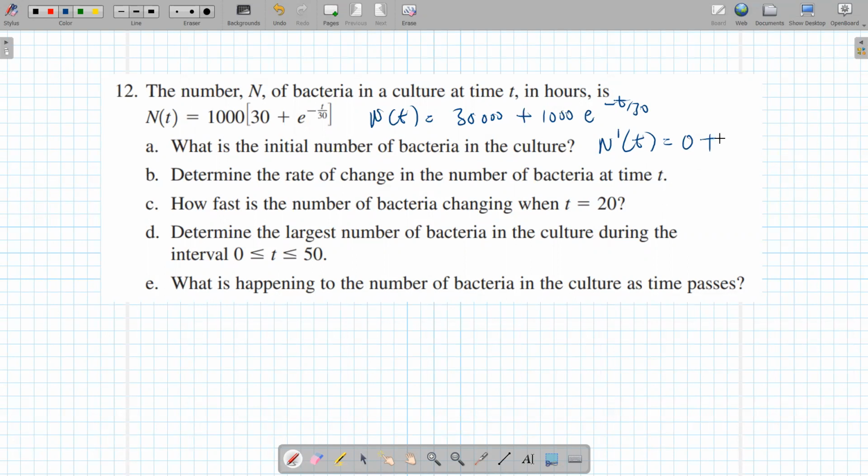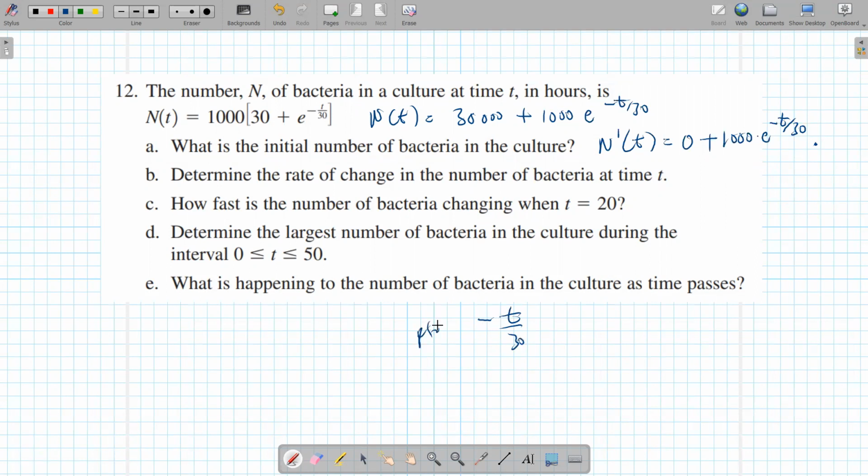Itself. Do you multiply it by anything? By the exponent, so times t over 30? Times by what? What's the derivative of minus t over 30?